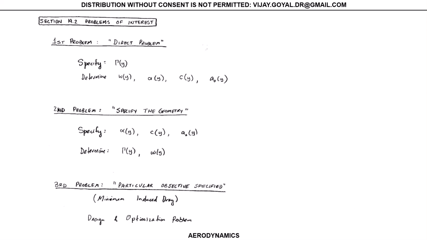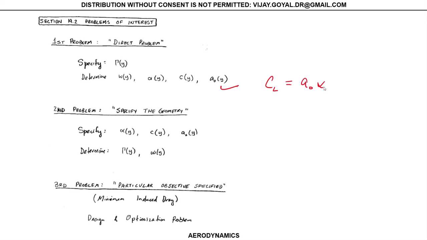And so the problem reduces to 3 parts. First of all, if you know your circulation, we want to find the downwash velocity, your angle of attack, we want to find your chord, and we want to find your A sub 0. A sub 0, remember, this is nothing else than CL is equal to A sub 0 times your angle of attack.